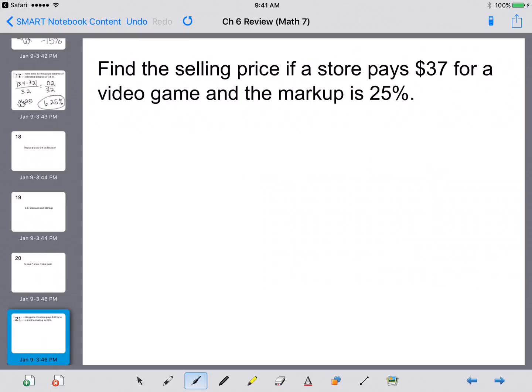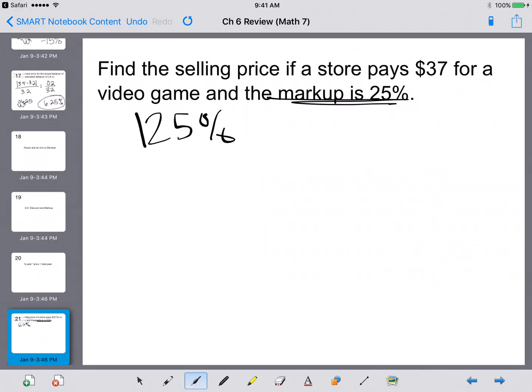So here it says to find the selling price if a store pays $37 for a video game and the markup is 25%. So percent paid times the price equals the total paid. So if we have a markup of 25%, a markup is making it even more expensive. It's the initial price plus 25% of that. So our initial price is 100%. Our markup is 25%, so we're paying 125% total.